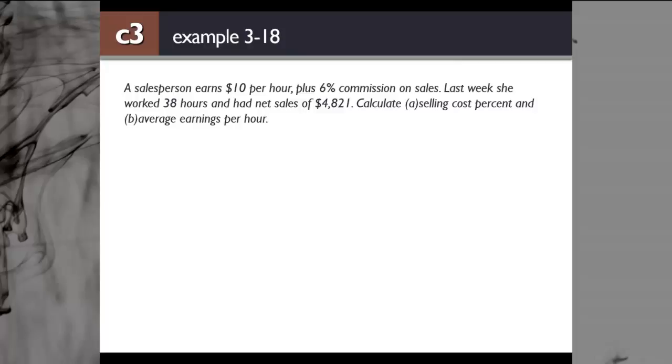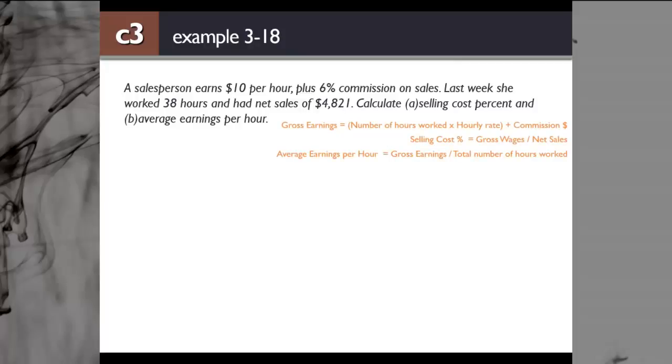Last week she worked 38 hours and had net sales of $4,821. Calculate the selling cost percent and average earning per hour. So let's go ahead and start. I give you this formula so you can look at it. Also, more important than memorizing, I really want you to understand how it works and how it's calculated.